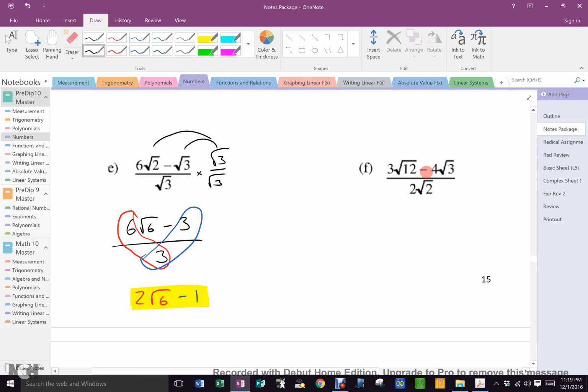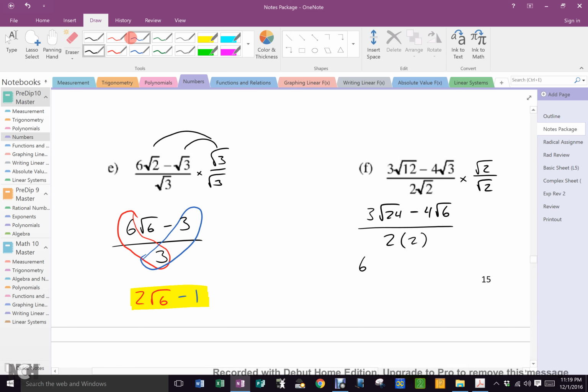Over here, same thing. I'm going to multiply everything by root 2 to get rid of this radical. So I'm going to get 3 root 24 minus 4 root 6 over 2 times 2. Then I'm going to simplify.